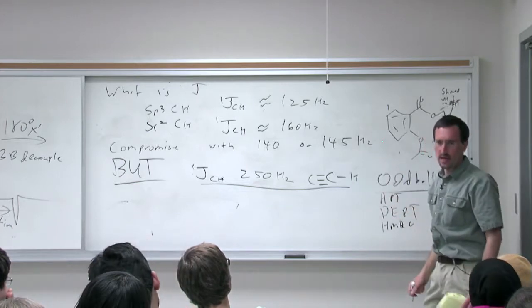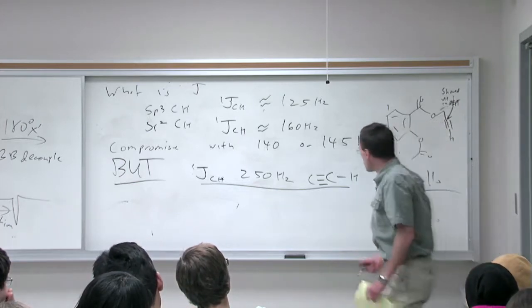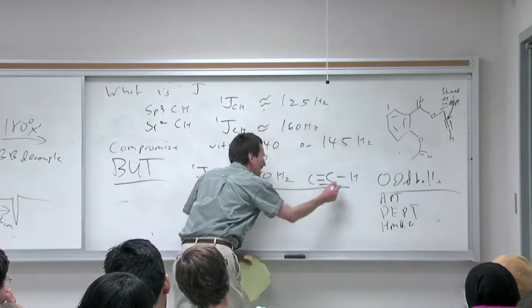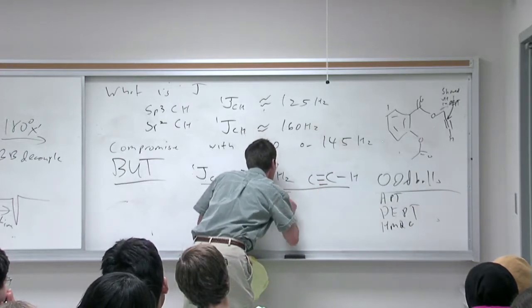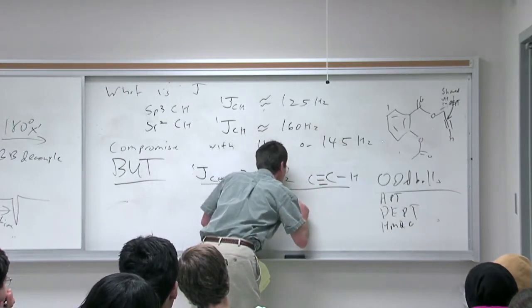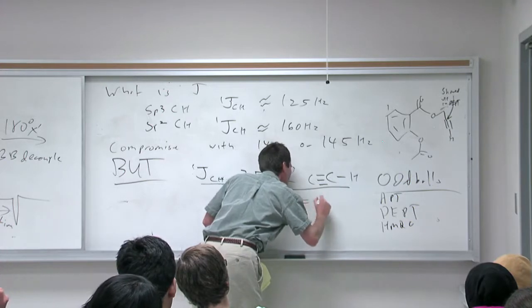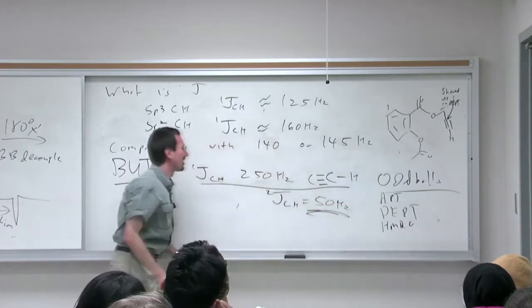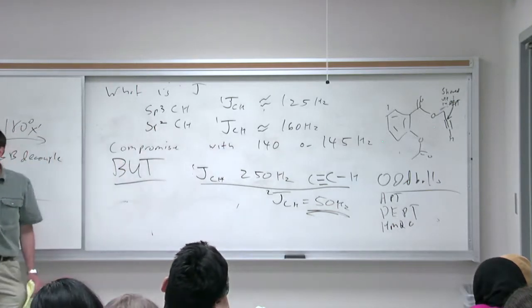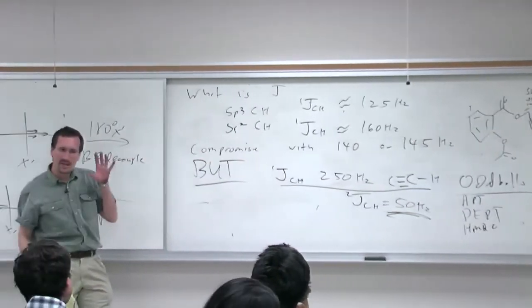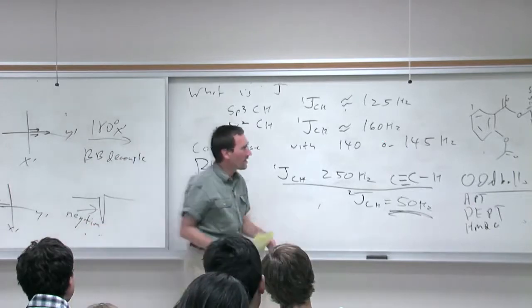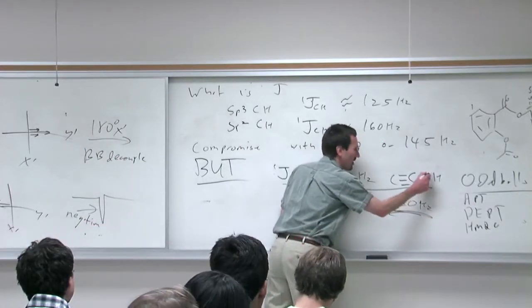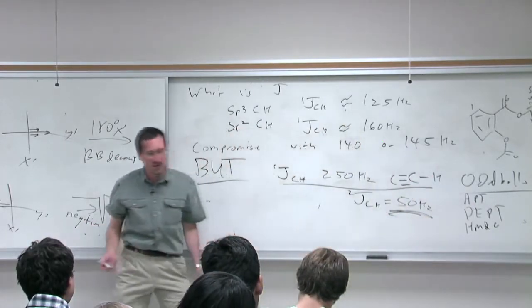I just put an X on it to help you out. But I was just looking, and it turns out in this situation, J2, right? You've got all this sp character. J2CH is equal to 50 hertz for an alkyne. So again, you're going to get anomalous coupling. In other words, that's this coupling from this hydrogen over to this carbon.